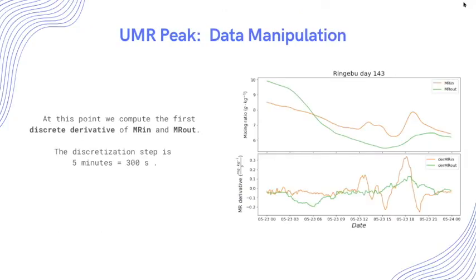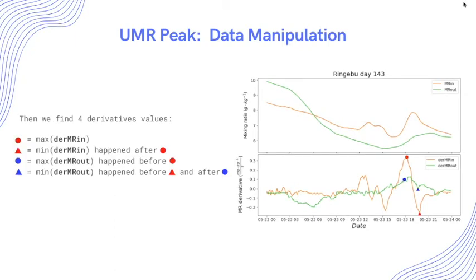Now, we compute the first discrete derivative with a discretization step of 5 minutes. Starting from the derivatives, we compute their maximum and minimum with some constraints. The minimum is always after the corresponding maximum, and the extremes of the external quantities happen before the internal ones.